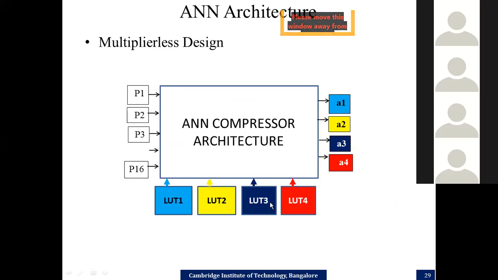Now I design a control logic, a program, so that when inputs P1 to P16 are applied and I want to compute output A1, I choose LUT 1. To compute A2, I choose LUT 2. To compute A3, I choose LUT 3. And to compute A4, you choose LUT 4. So by just attaching a memory element to this structure, you are able to realize the compressor part.